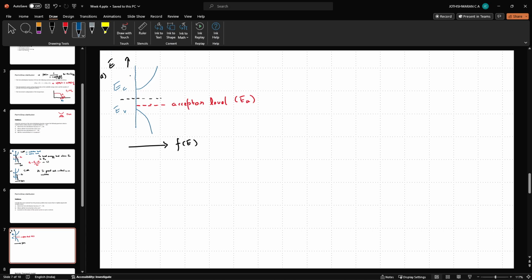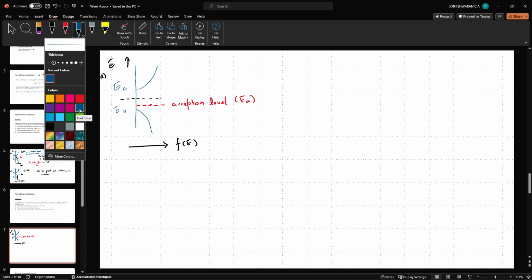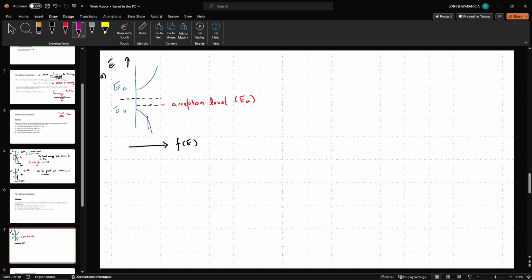So the new Fermi level, can I use a slightly different shade? Yes, I will use this. So the new Fermi distribution function is going to look something like this.